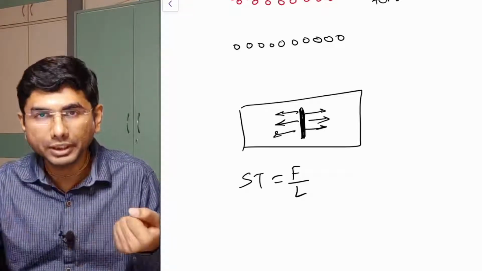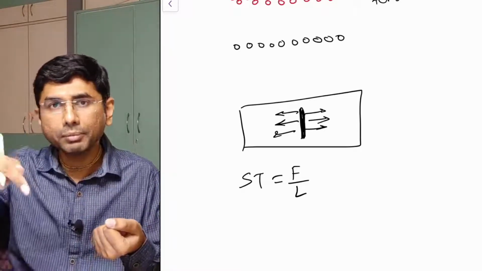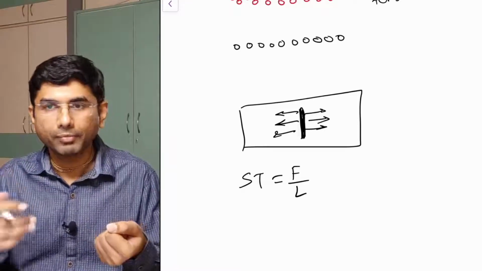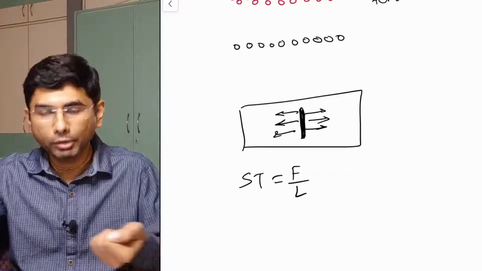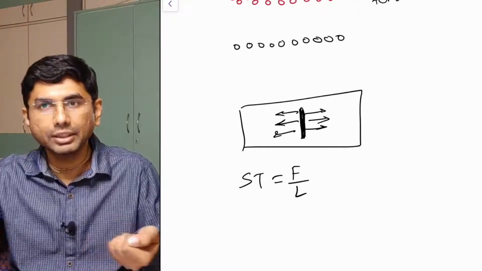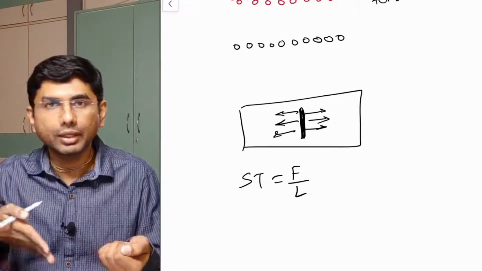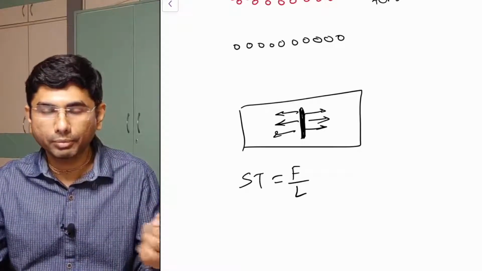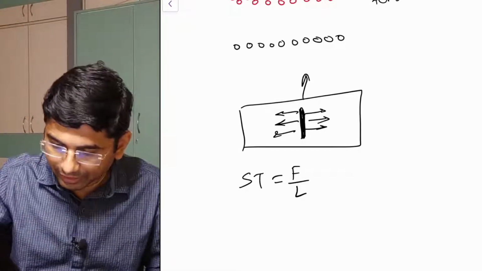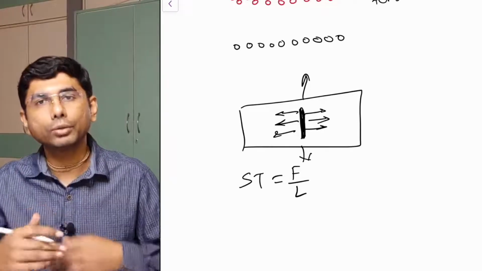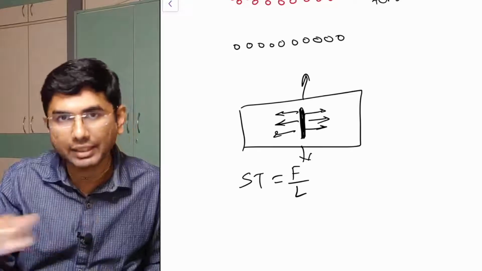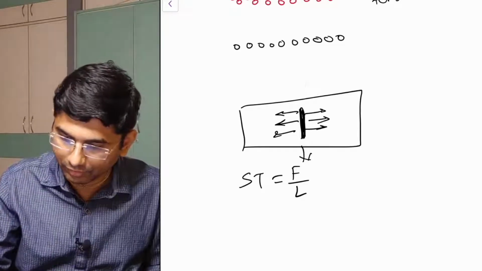If there is already a cut in between, and I stretch it more, what is going to happen? Because of that stretch which is tangential to that cut, it's going to open it more and increase that cut. But if I have that force in this direction, it will actually be trying to close that. The force responsible for surface tension is tangential to the surface.